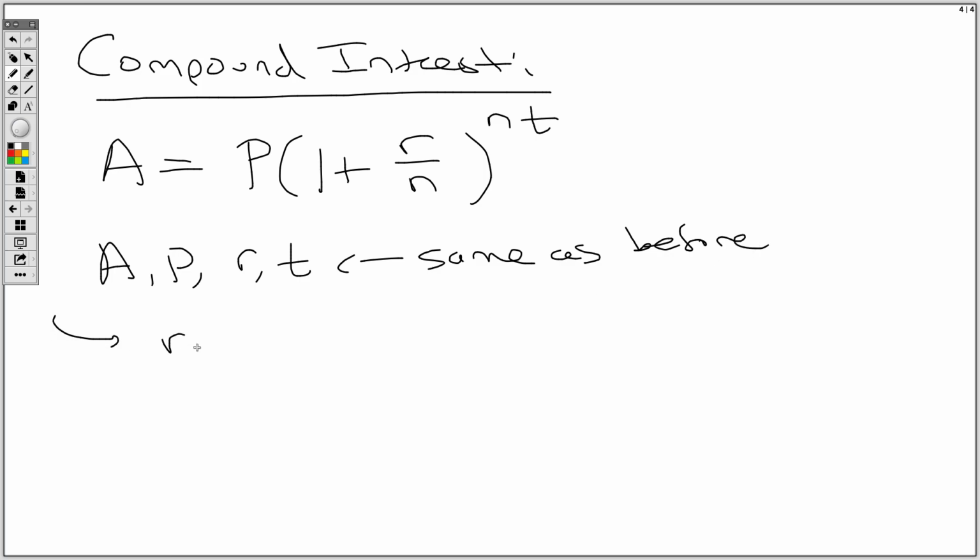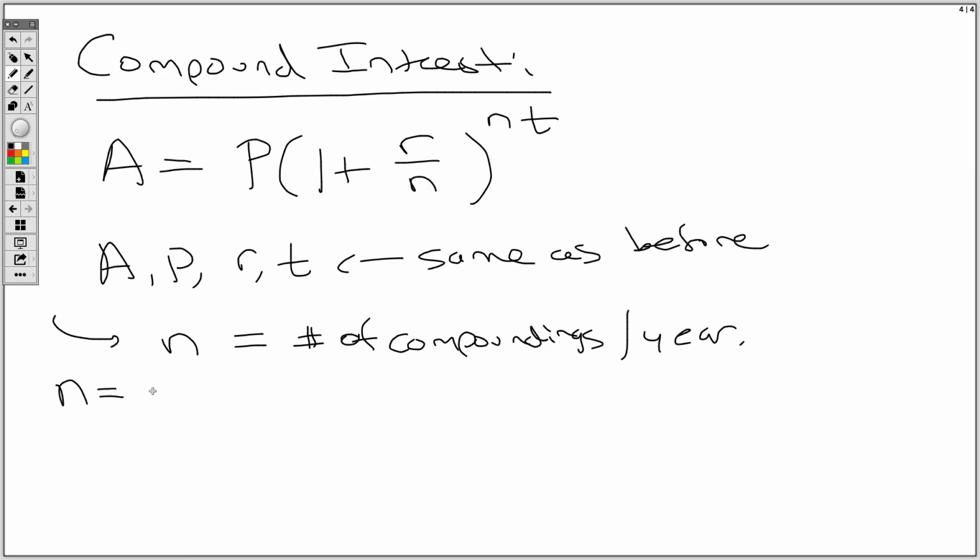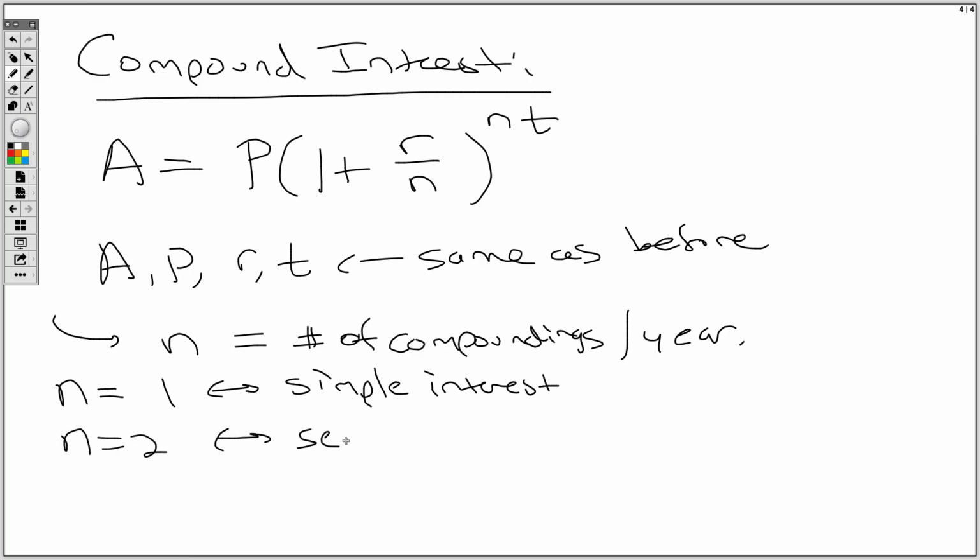The new thing here is N. This is the number of compoundings per year. So if you don't break up the year at all, if N equals 1, then this is really simple interest. Right? So if N is 1, then you just look at what's happening at the end of each year. That's like the first case. If N equals 2, it's called semi-annual.